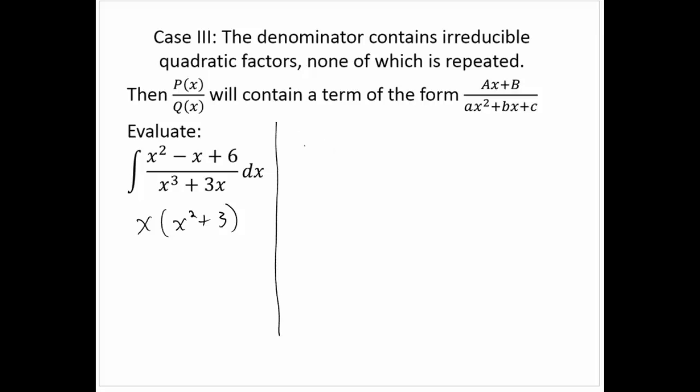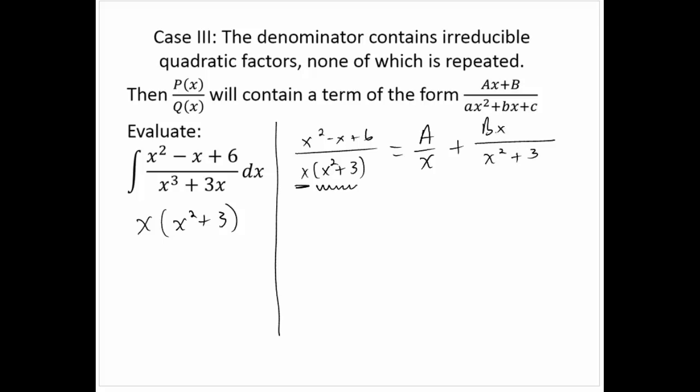So, x squared minus x plus 6 over x times x squared plus 3 can be written as a over x, because I have that linear term, and now I have this irreducible quadratic factor, so I would have a term of bx plus c over x squared plus 3.